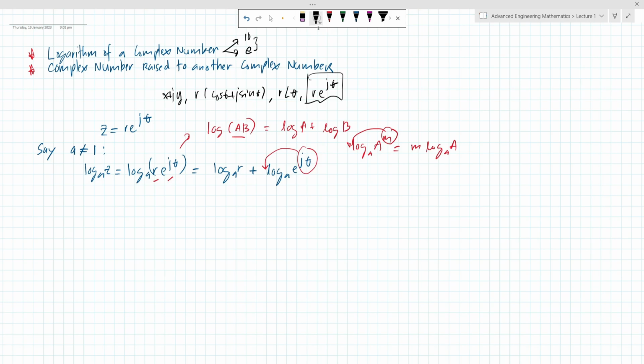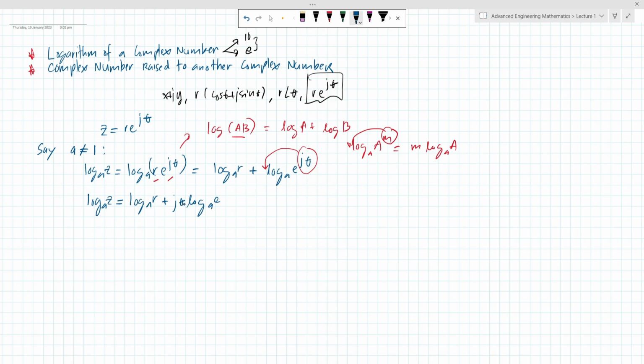So this will become the log of z to the base a is equal to the log of r to the base a plus the log of e to the base a, and then j theta.